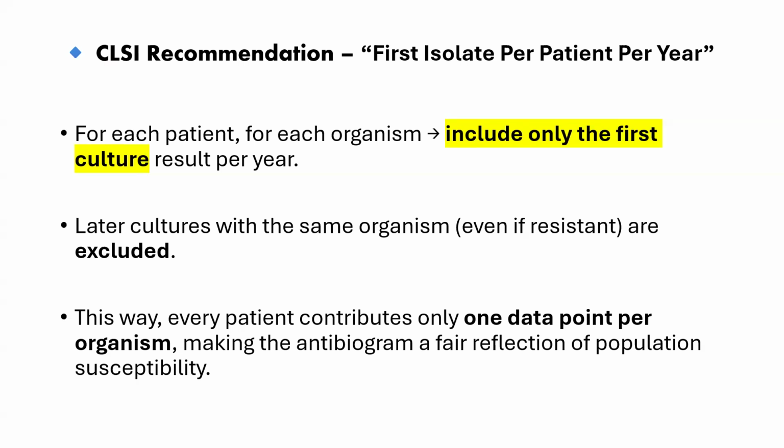Even if the later cultures show an organism that is more resistant, you still exclude those resistant organisms, because if we include them, this will cause a duplicate bias and will inflate the resistance. So a patient with chronic infection or a long ICU stay would unfairly bias the data toward resistance.